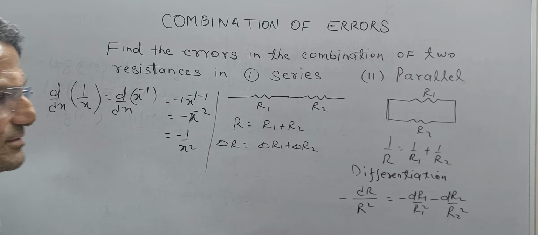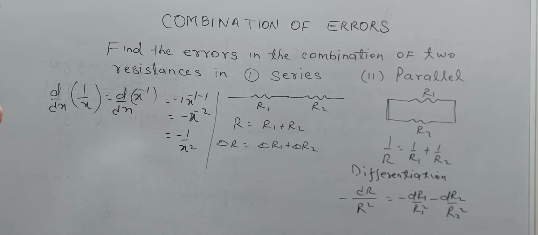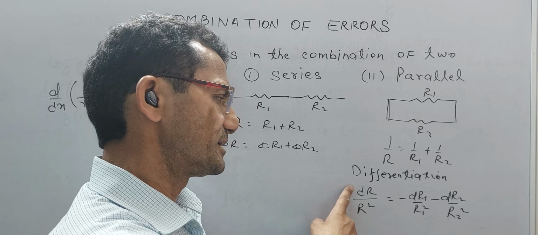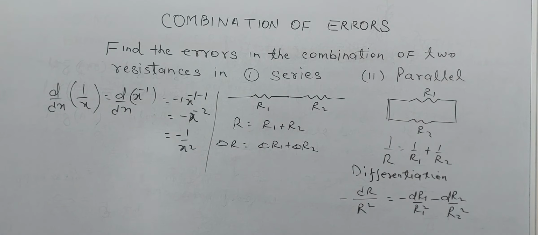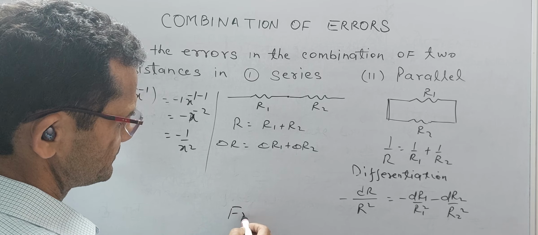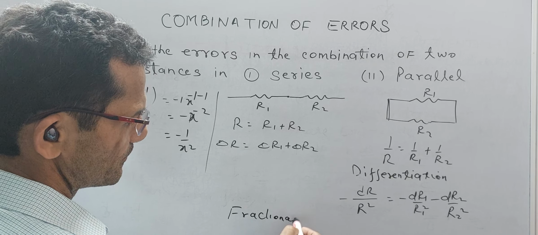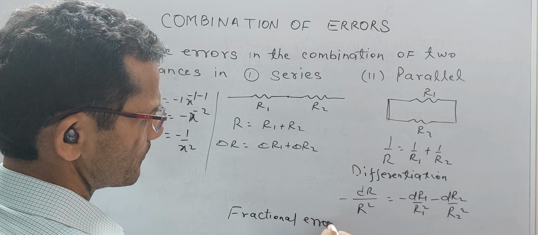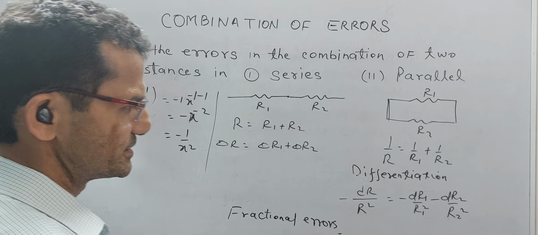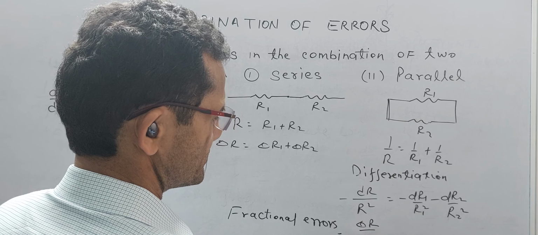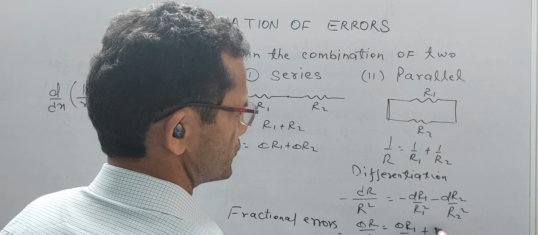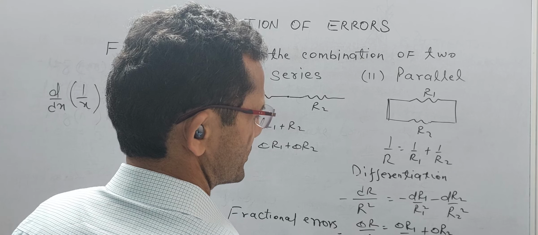Now write this value in terms of the fractional error. These are small changes in r. We can write them in terms of the absolute error. This is del r, this is del r1, and this is del r2. Now this value becomes, in terms of the fractional error, minus minus would cancel out because all terms have the minus. Del r divided by r square is equal to del r1 upon r1 whole square plus del r2 upon r2 whole square.